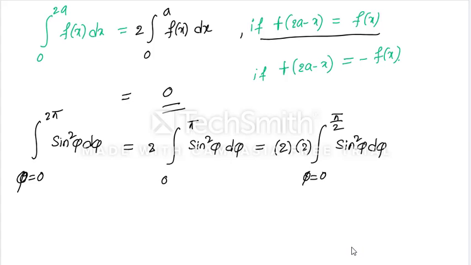Can we apply again? When we apply again, sine pi by 2 minus theta, that is cos theta, that is not f of x, not minus f of x now. So we cannot apply this property again, so we need to stop here only.